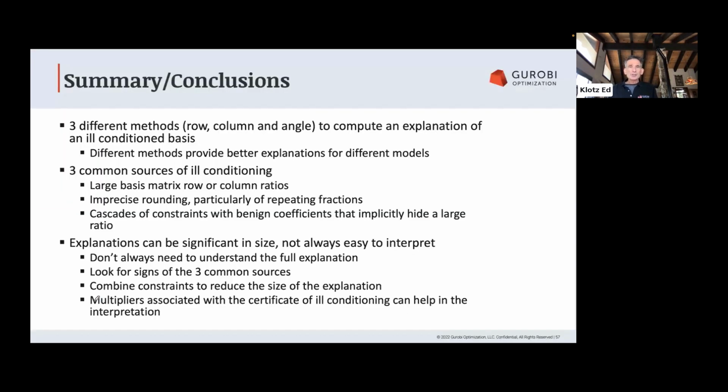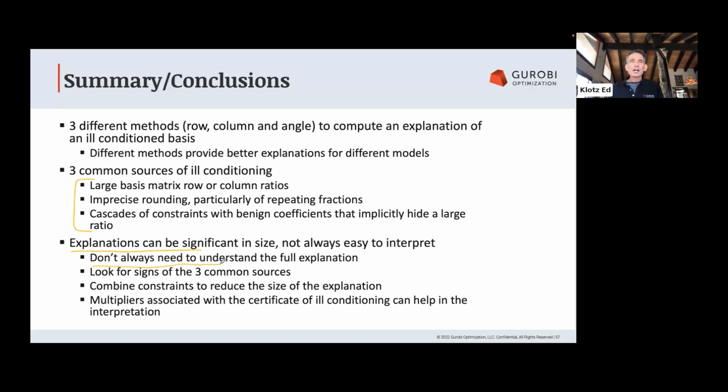So summarizing, the package gives you 3 different methods to compute an explanation of ill-conditioned basis matrices. Different methods provide better explanations for different models. We saw how there were 3 common sources of ill conditioning. So if you remember those, they can really help you when the explanation is significant in size, because you don't always need to understand the full explanation.